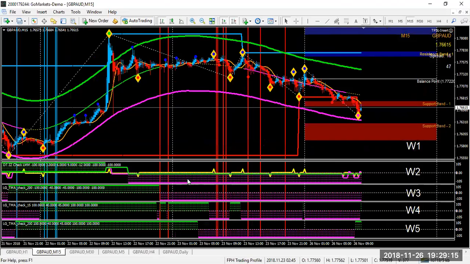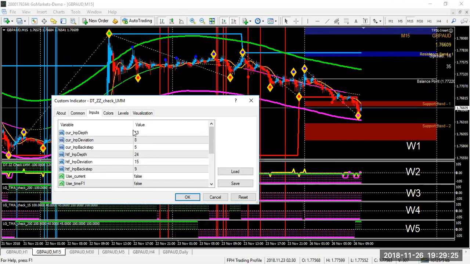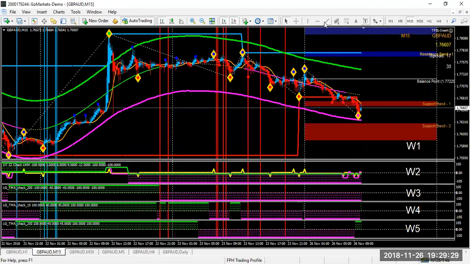Over here, window 2 is being guided by the 4 hours. I'll be quick. Quick demonstration of 4 hours.